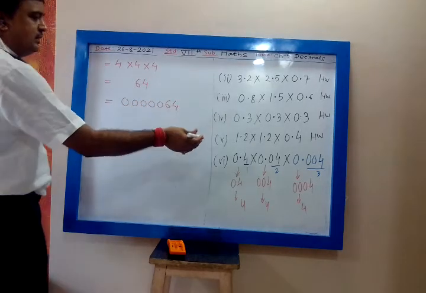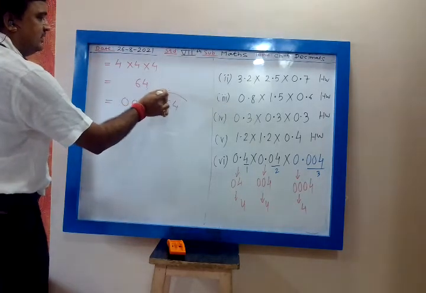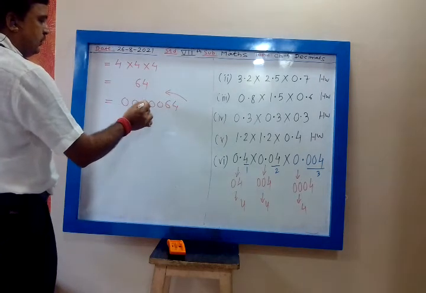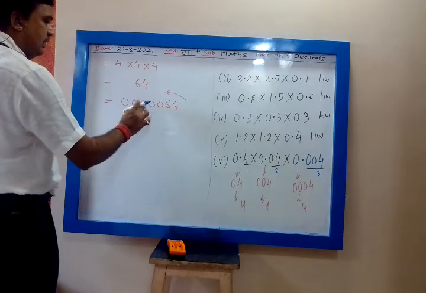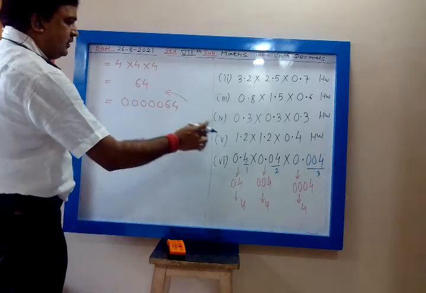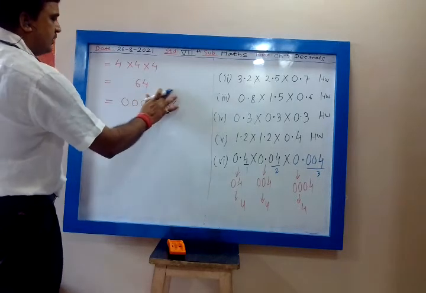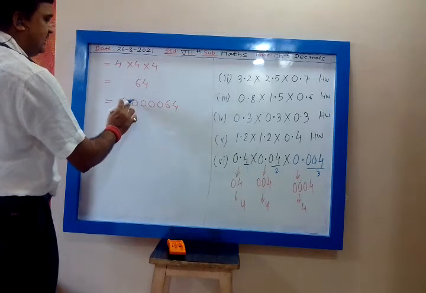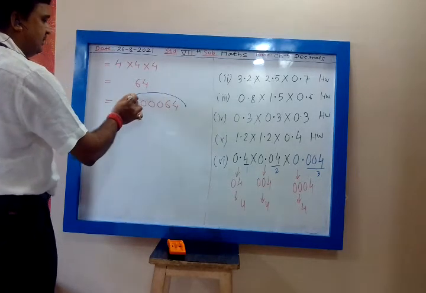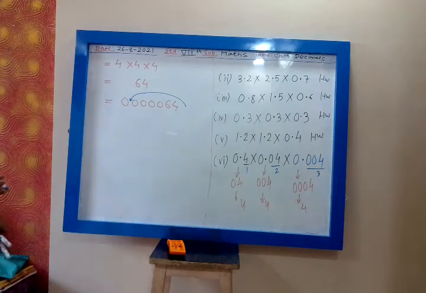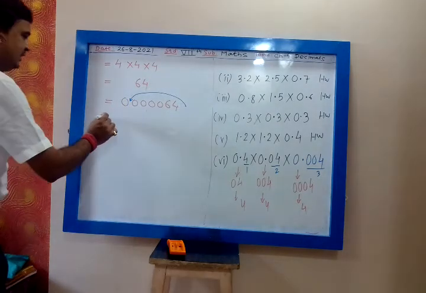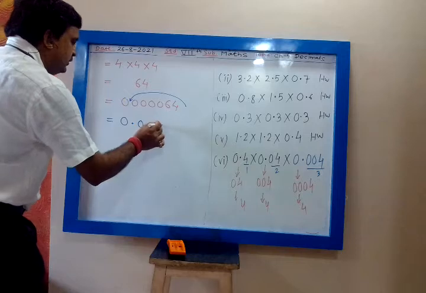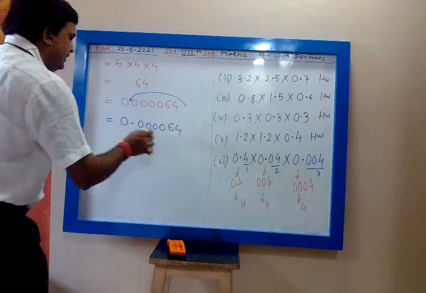Now place the decimal after 6 places from the right side. 1, 2, 3, 4, 5, 6. So the decimal will come there. Yes or no? Yes. So the answer is 0.000064.